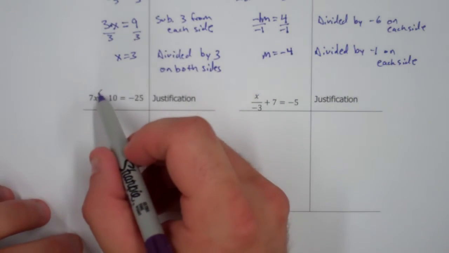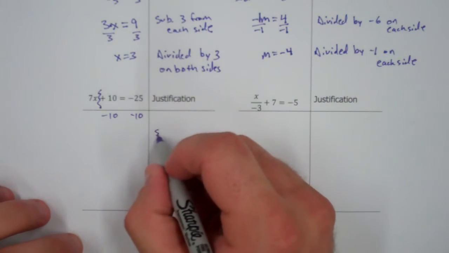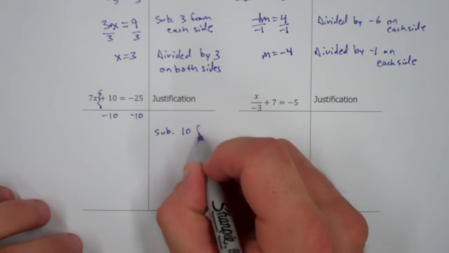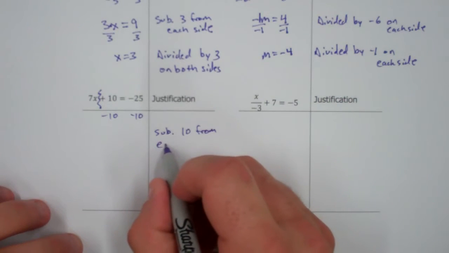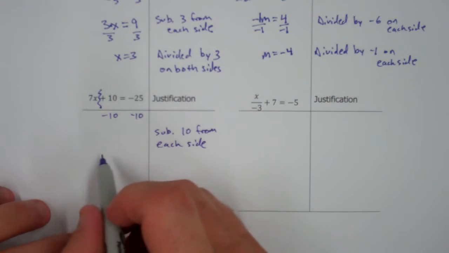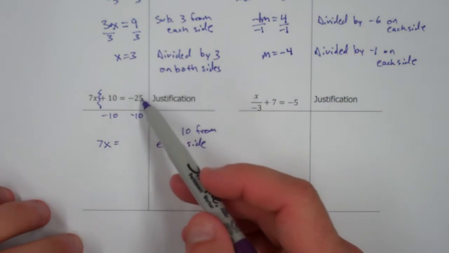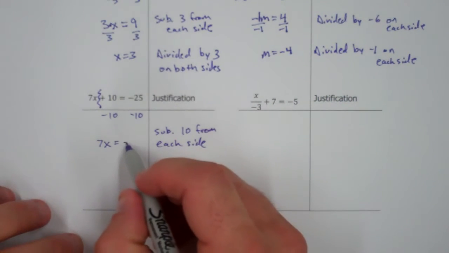So we just have a couple left. We're going to divide the terms here, subtract 10. And then we have 7x on the left hand side. -25 minus 10 is -35.